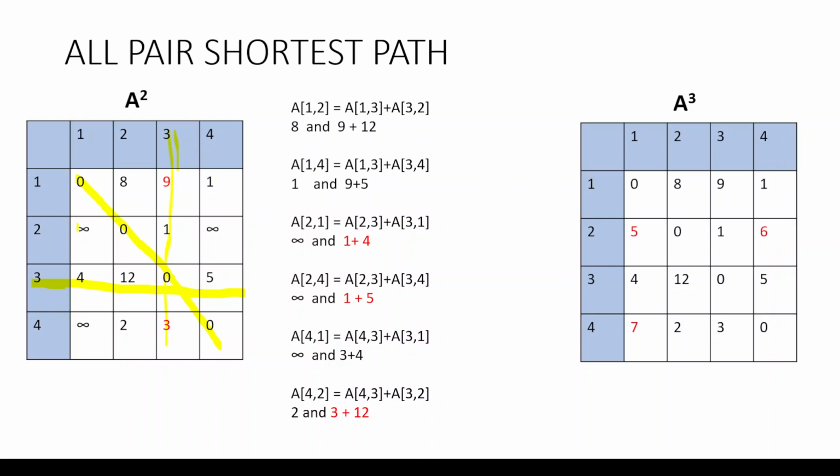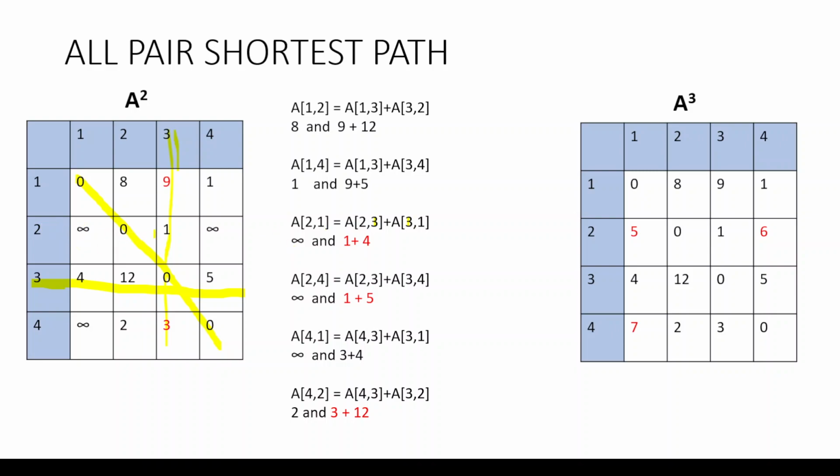Now we will check for this a of 2 comma 1. Intermediate node is 3. So I should check whether there is a path from a of 2 comma 3 and a of 3 comma 1. That is mentioned here. Where 3 is my intermediate node. Now a of 2 comma 1, here it is infinity.